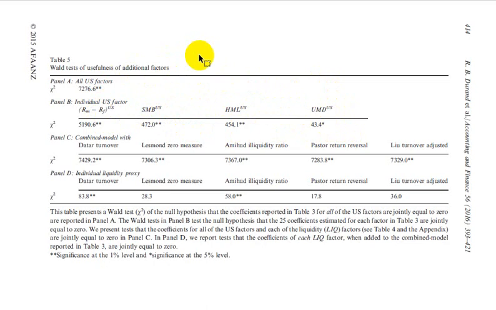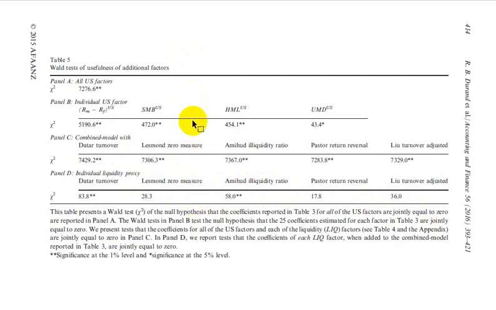And so we could say that the U.S. market actually does influence the returns of the Australian stock market. But when we add in the liquidity factors here, we see there's not many asterisks, so liquidity may not add much explanatory power to the model or explain much of the returns.